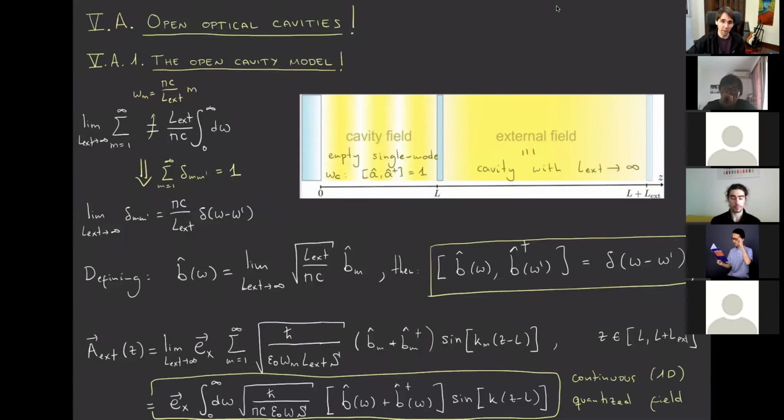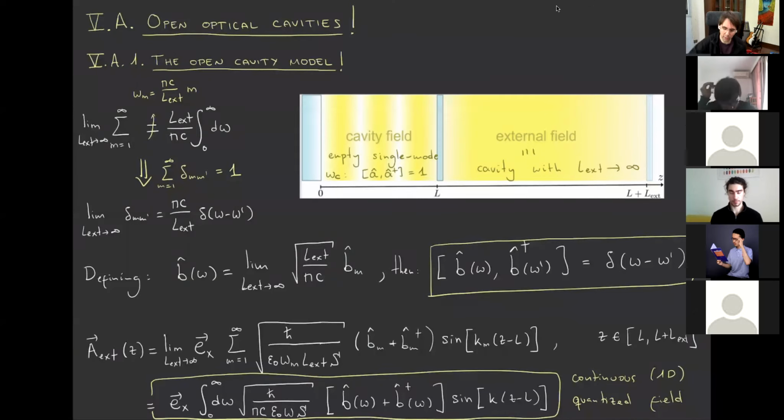Okay, and this is the type of fields that appear when you do a canonical quantization in quantum field theory. Okay, without going to a discrete version of it and putting a cavity and whatever. So just in free space, you get a continuous version of a quantized field.